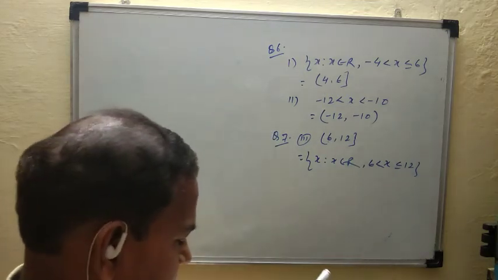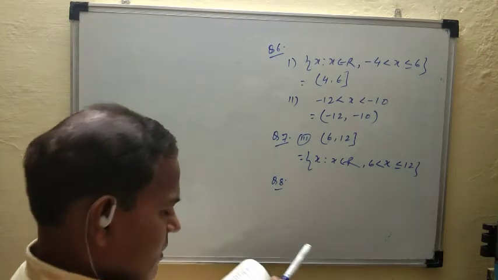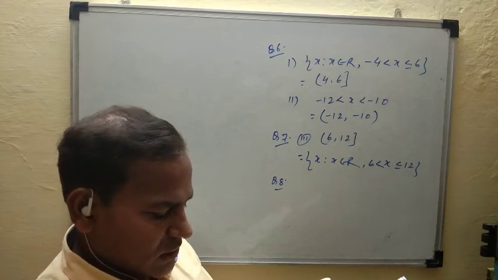Same as the remaining questions. Question number 8. What universal set would you propose for each of the following?